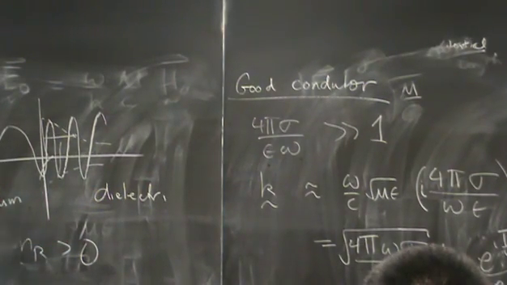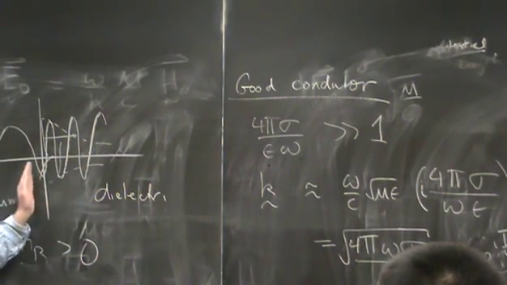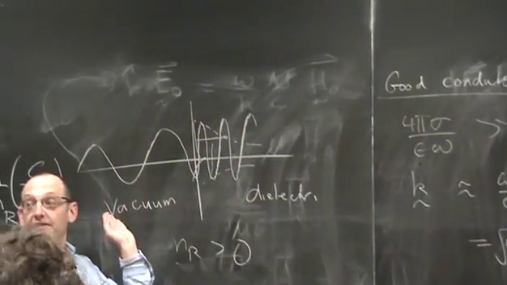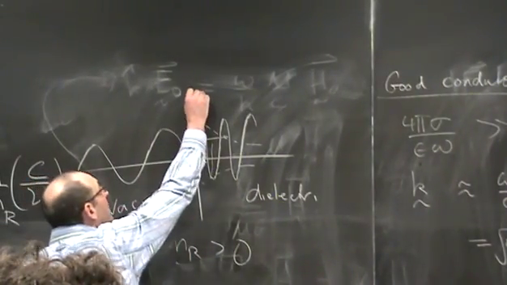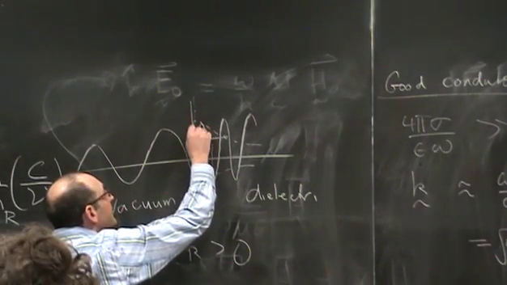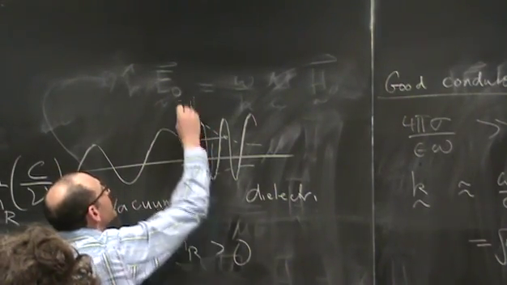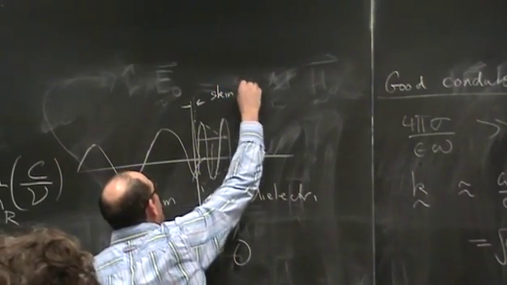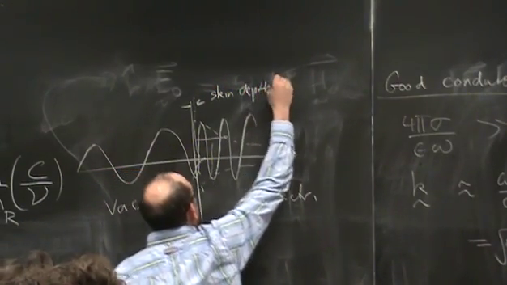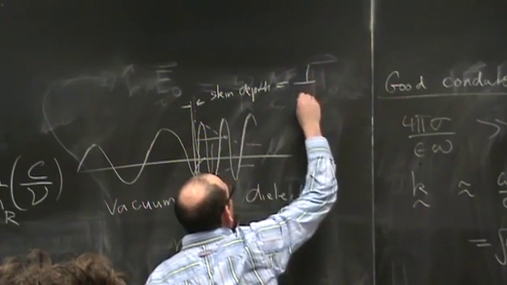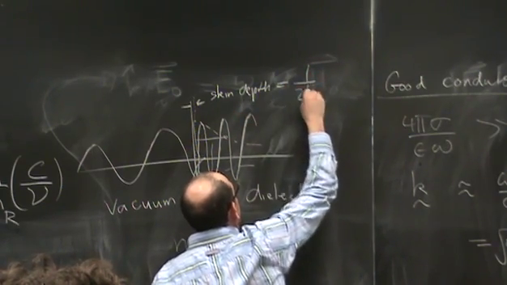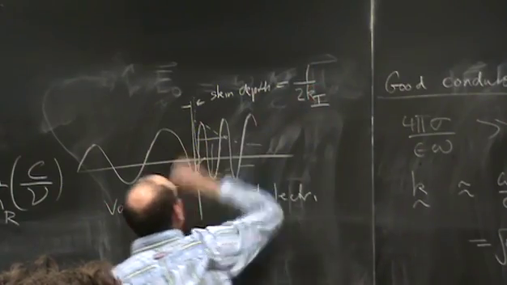And for a perfect conductor, I have zero propagation into the conductor. I have perfect reflection. And the depth that it goes into, a little skin-deep penetration, is known as the skin depth, which is equal to 1 over the decay amplitude, or the decay rate. Actually, it's in terms of the energy, so it's given by this.